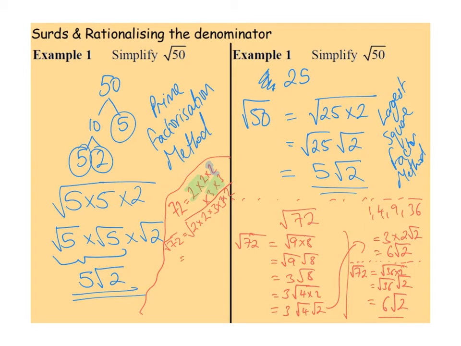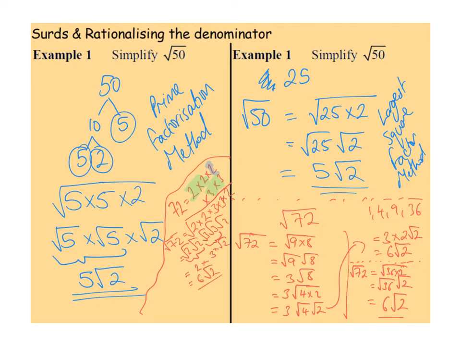So that's square root of 2, square root of 2, square root of 3, square root of 3, square root of 2. These are going to give me 2. These are going to give me 3. And then I've still got square root of 2. 2 times 3 is 6, so this is 6 root 2.